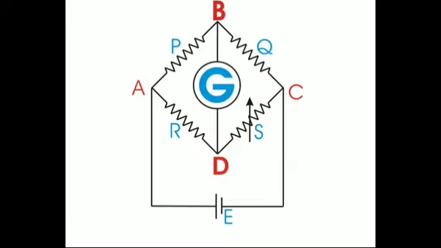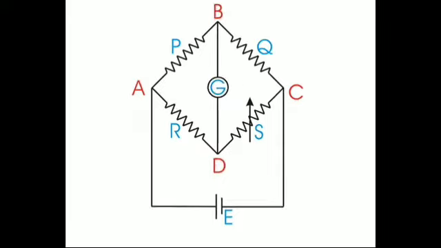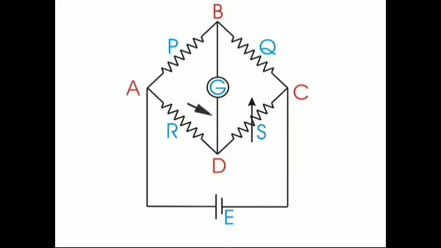Applying Kirchhoff's current rule to junction B: I1 minus Ig minus I3 is equal to 0. Applying Kirchhoff's current rule to junction D: I2 plus Ig minus I4 is equal to 0.